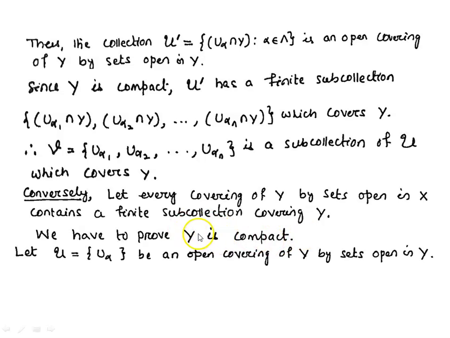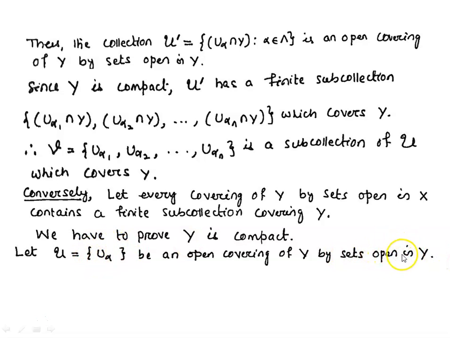To prove Y is compact, let us take a collection U which is an open covering of Y by sets open in Y. Now we have to find a finite subcollection of this which covers Y.